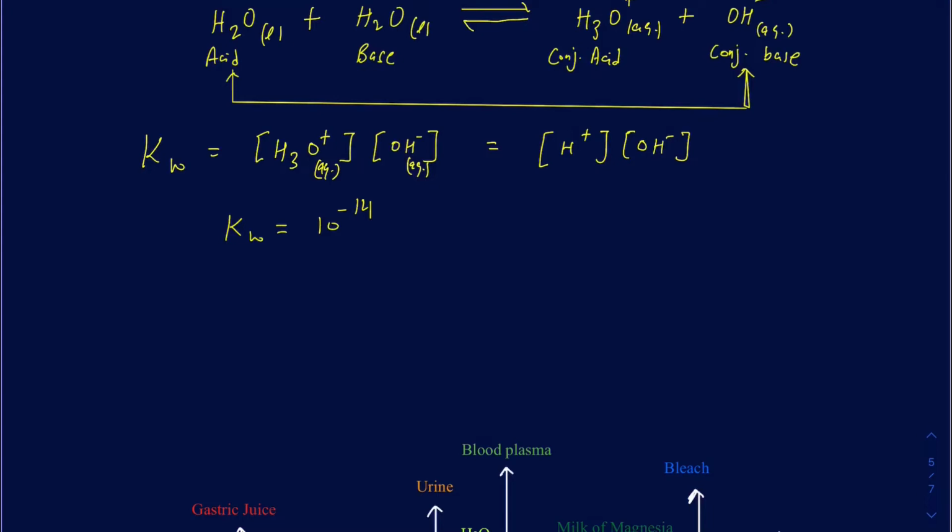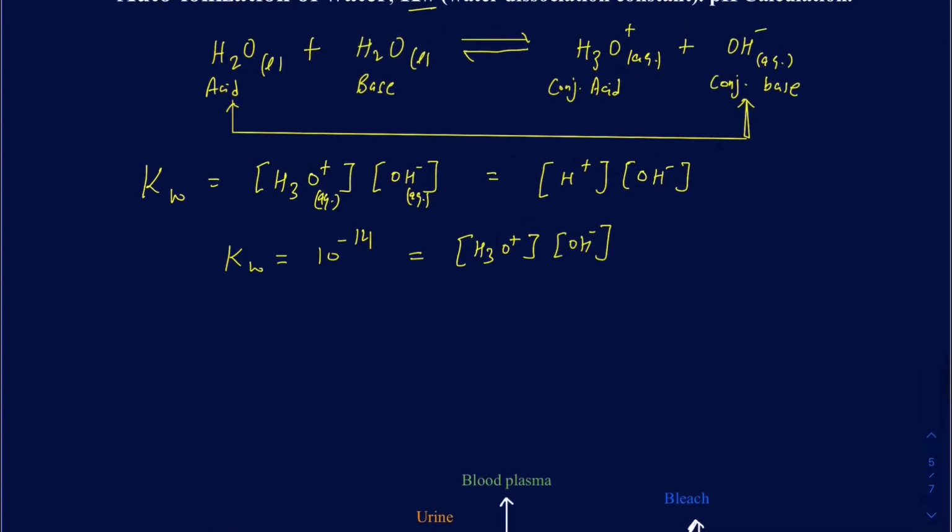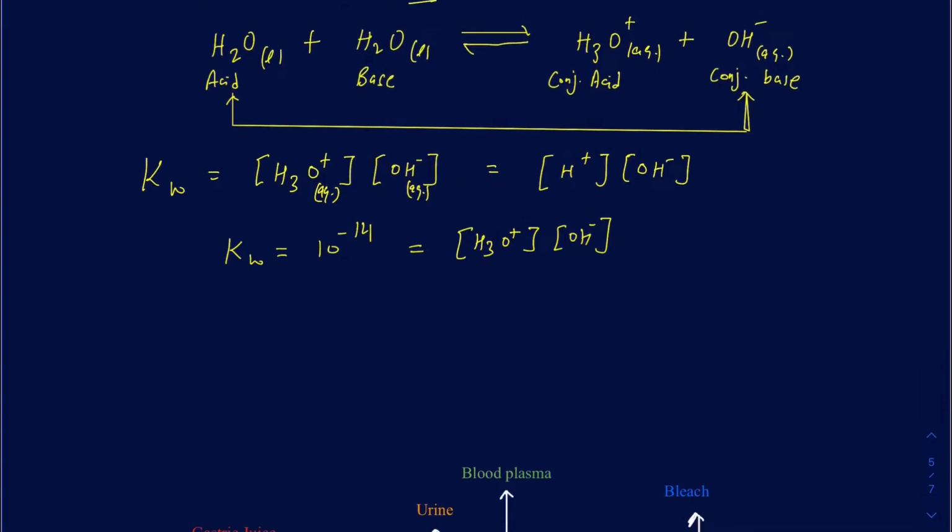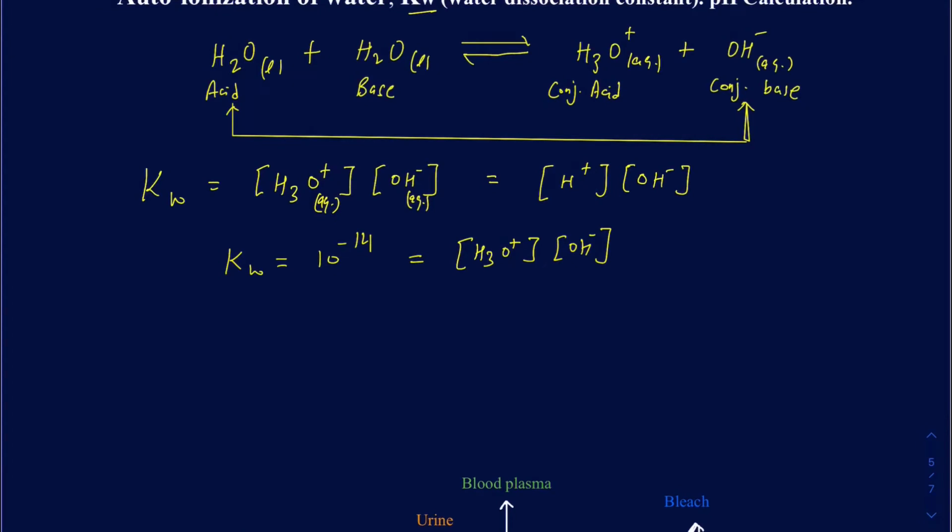Okay, so then if I want to set this up, Kw equals the concentration of H3O+ times the concentration of OH-. When I'm trying to figure out the value for these, logically, if I go back to my equation, there are two things going on. They're coming from the same source, the water, and they are in a 1-to-1 mole ratio, which means if you make 1 mole of H3O+, you should be making 1 mole of OH-.